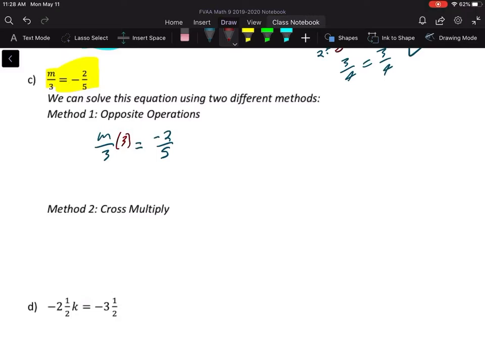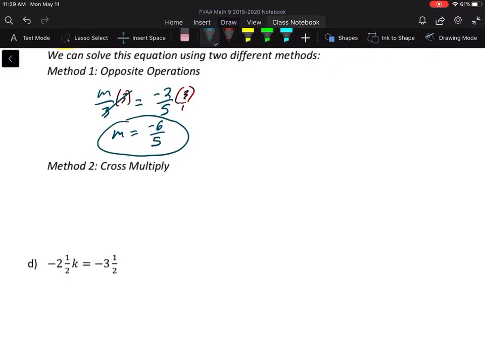And whatever I do to one side, I do to the other side. This is going to give me m is equal to, because the 3's cancel out, or they equal 1, and 1 times m is equal to m. And then 3, of course, has that invisible over 1, right, when you're multiplying, gives me negative 6 over 5 as my final answer.